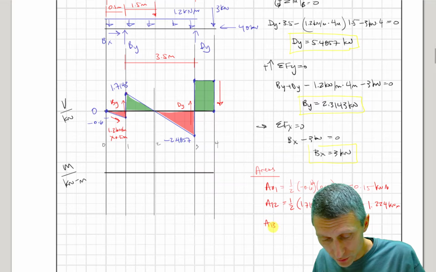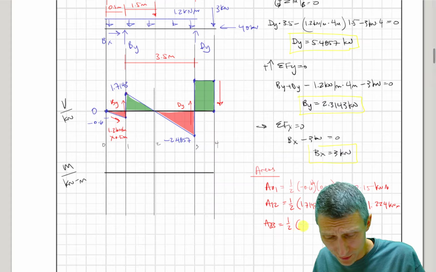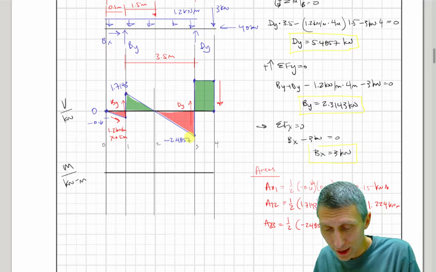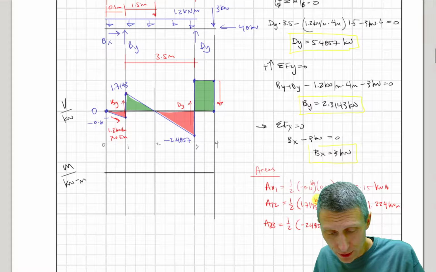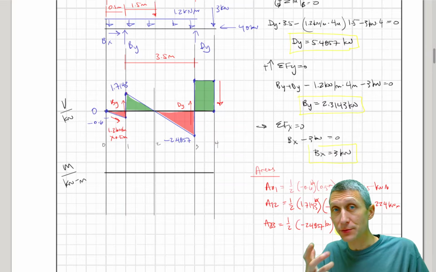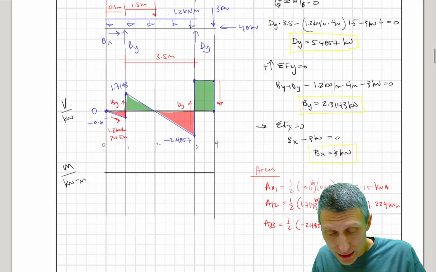A23 is going to equal 1/2. Again, another triangle, minus 2.4857. That's this value down here, in kilonewtons. That's our shear, times the distance, and it's an absolute value. So we take the positive of the shear, 2.4857, divided by 1.2 kilonewtons per meter to get our distance.